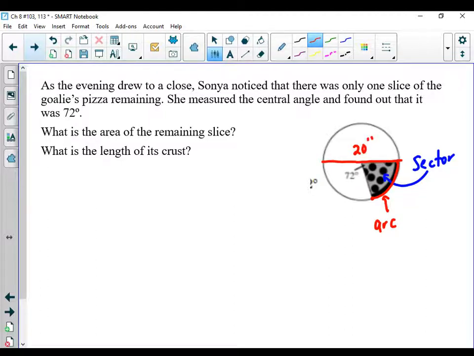But she noticed there was one slice left. For some reason, she had a protractor with her, I guess, but she decided that the central angle was 72 degrees. So they want to know, well, what's the area of that remaining slice, and then what's the length of its crust? So the first question really becomes, well, what would be the area of the entire pizza, which we already decided was 100 pi.